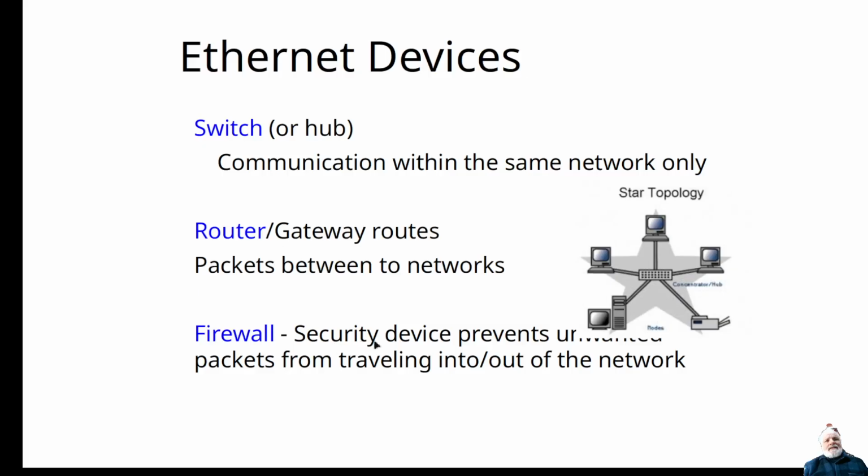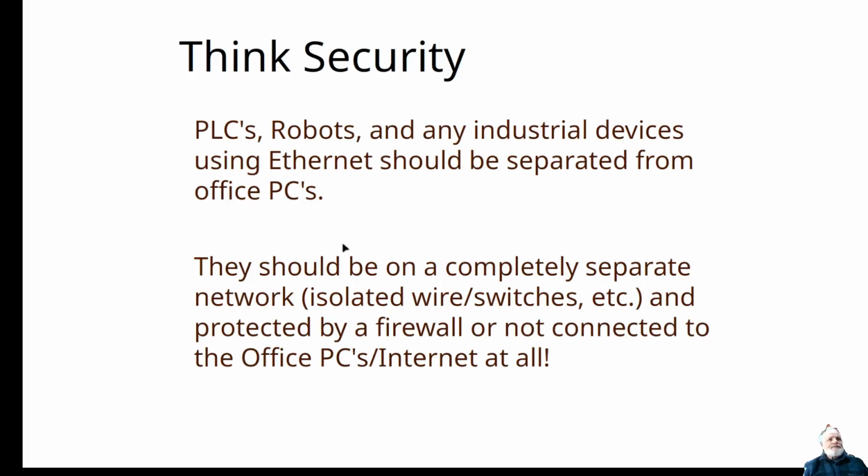But normally we just have this separate device, which is usually the gateway, the default gateway also, which gives you a firewall to prevent unwanted connections from outside your network from getting in unless they meet specific requirements.